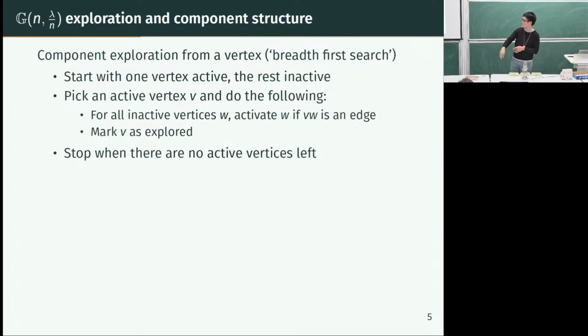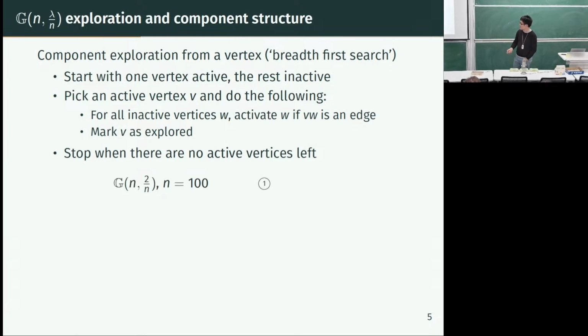So you pick an active vertex and simply test what its neighborhood looks like. In particular, you test whether there are edges to every other inactive vertex. You activate those vertices that you can reach by an edge, and otherwise you don't activate the vertex. Once you're done with this, you mark the vertex that you were studying as explored, and you repeat this process. And you stop once you run out of active vertices.